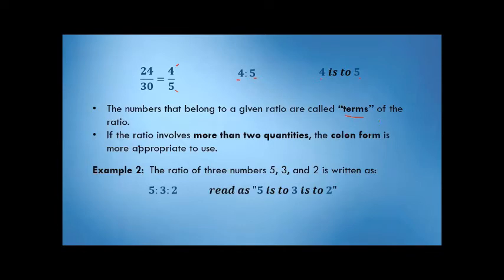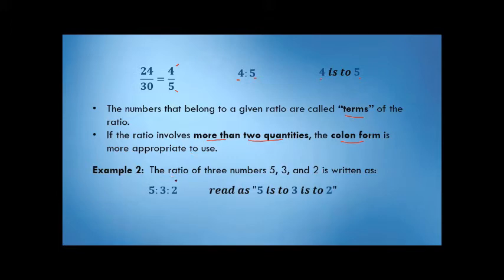Now, however, if the ratio involves more than two quantities, the column form is more appropriate to use. So, ibig sabihin, pag ang kino-compare na natin is 3 quantities or 4 quantities or more, mas mainam gamitin yung colon form. Okay?